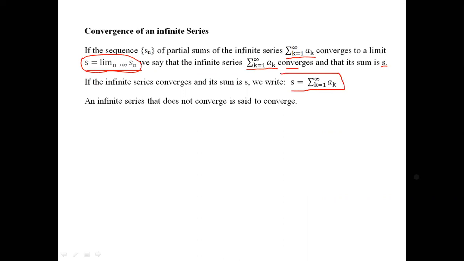So this is how we write it in the sigma notation: S is equal to sigma ak as k ranges from 1 to infinity. So an infinite series that does not converge is said to diverge.